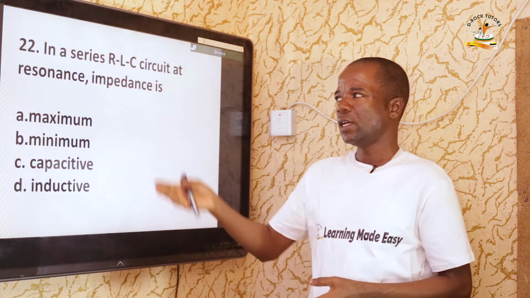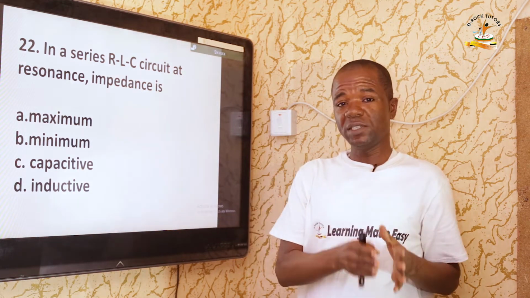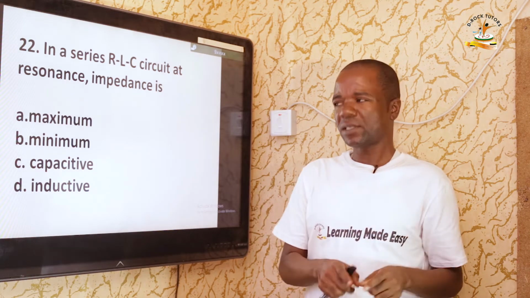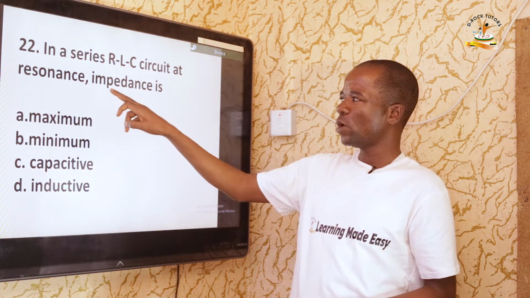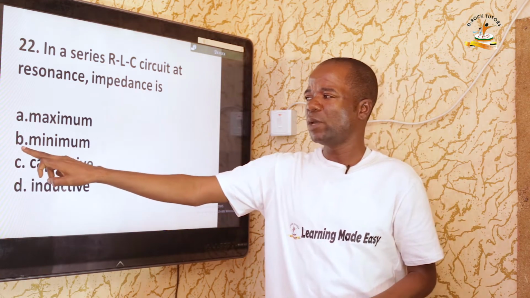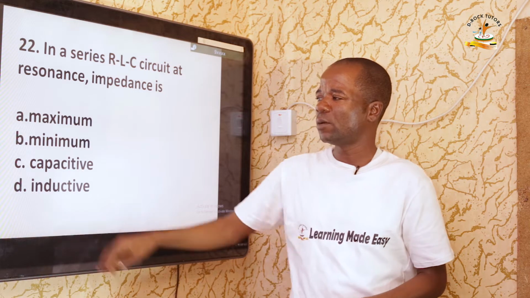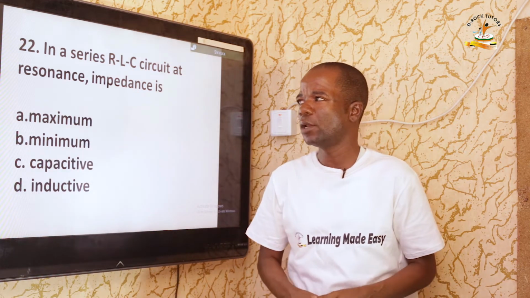The impedance, capital letter Z, is minimum and the current is maximum. But the question is asking what happens to the impedance here. Impedance is minimum. If the question is asking what happens to the current, current is maximum. So the correct answer is option B.